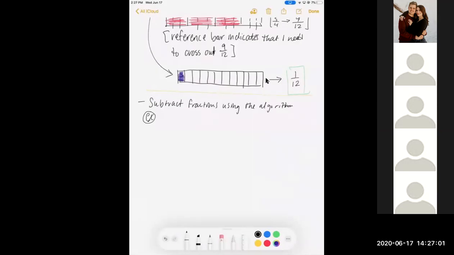So we want to subtract fractions using the algorithm and connect it back to the pictures so we can see the importance of why we do what we do with the numbers. Okay? And that's what's tricky for students. If we want to subtract with the algorithm, we need to find common denominators. But one very key thing is that students, if they don't have any reference to pictures, will mix up all of the algorithms for operations with fractions.